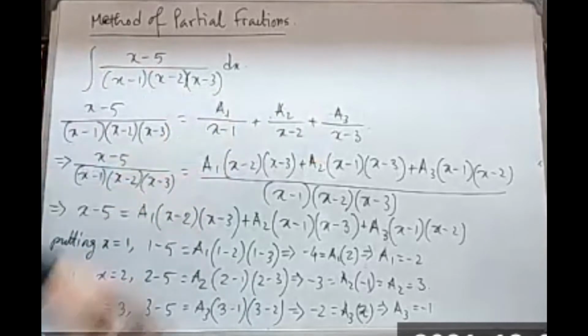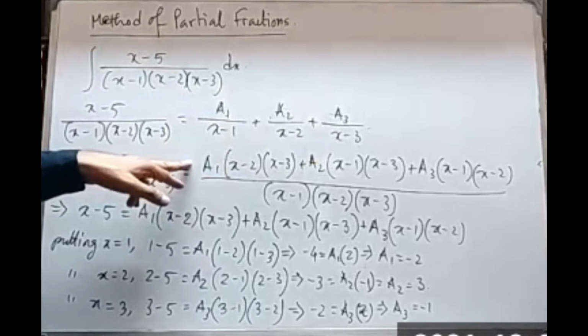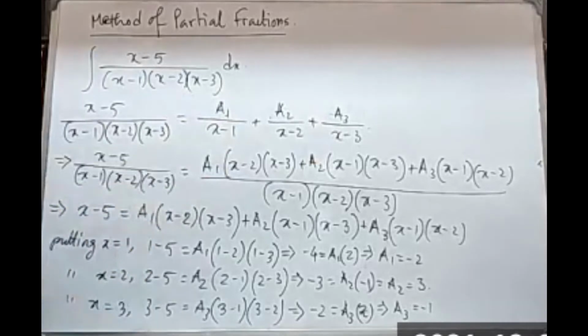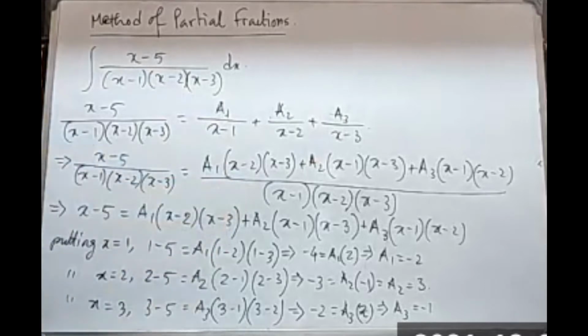Now we are taking the LCM. So this line is coming: a1 into (x minus 2)(x minus 3) plus a2 into (x minus 1)(x minus 3) plus a3 into (x minus 1)(x minus 2), and the denominator is the LCM one. So we can just cancel out both the denominators here, and this will be the equation.